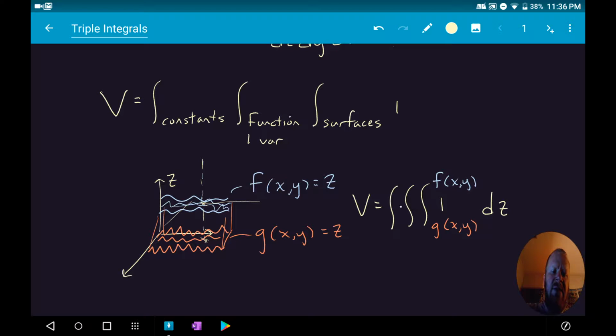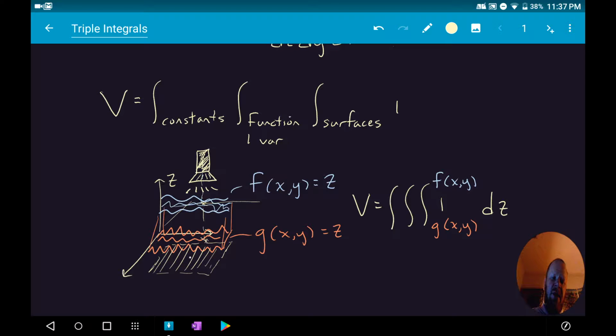As far as the next two integrals go, a new topic that I want to introduce is this idea of a shadow or projection. The way that I think of this is if you've got a flashlight, and you shine that flashlight down the z direction, you want to think about the shadow that this volume is going to create. That shadow, if I can make a rough sketch of it, is going to look something like this.